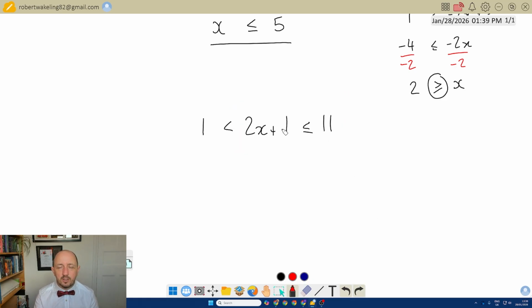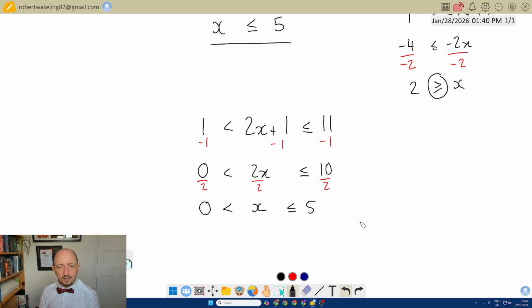Or you could say, right, my goal is x, so I need to minus 1, and I'm going to minus 1 from this, and I'm going to minus 1 from this to keep everything balanced. 0, 2x, 10, and then I need to divide by 2, divide by 2, divide by 2. 0 divided by 2, 0, x, 5, like that.